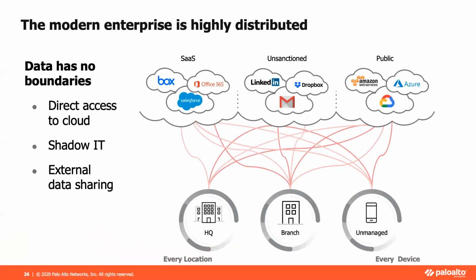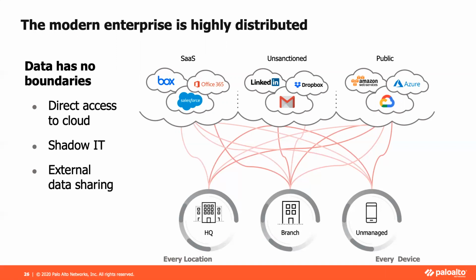Your data is no longer sitting in a data center on a server behind a security perimeter. Data doesn't really have any boundaries. It's accessed from everywhere. Inside the security perimeter, outside the security perimeter, from corporate devices, from individual devices.